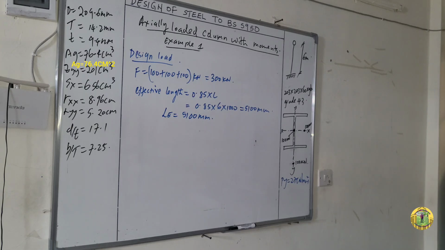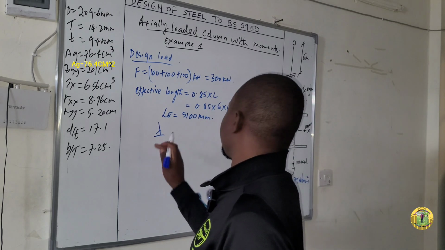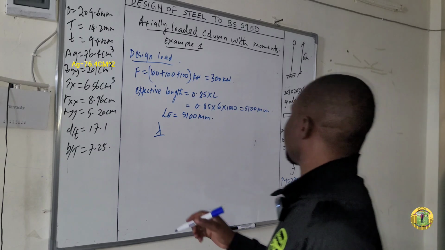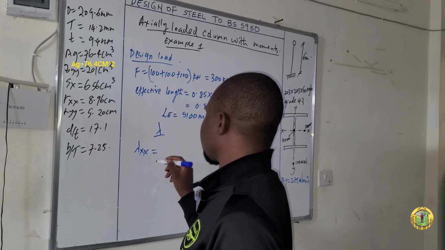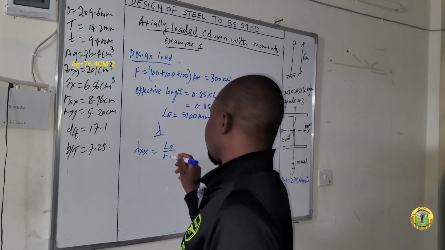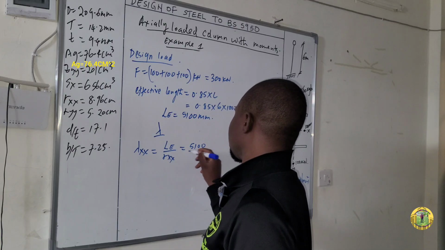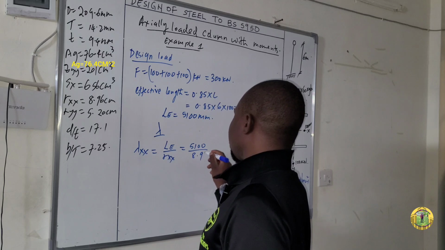We now proceed to the slenderness ratio. It is symbolized by lambda. We begin with the slenderness ratio for the x-axis, which is LE over RXX. So this is 5100 over RXX, which is 8.96.